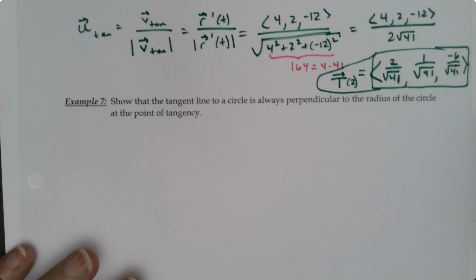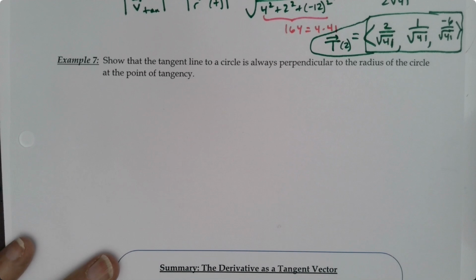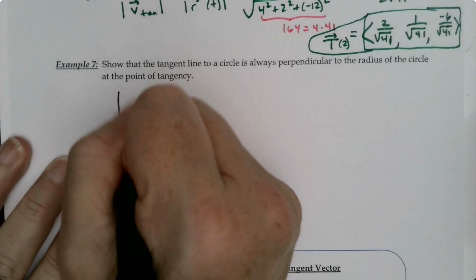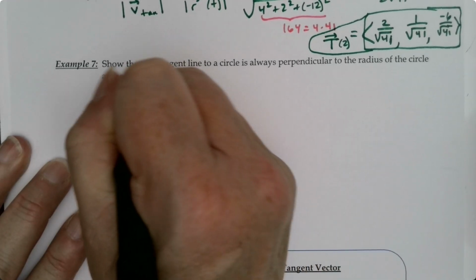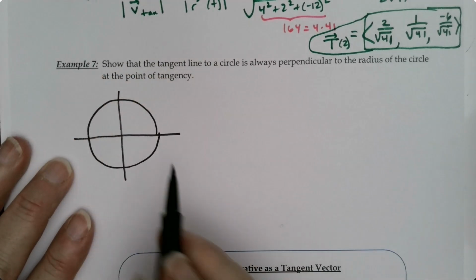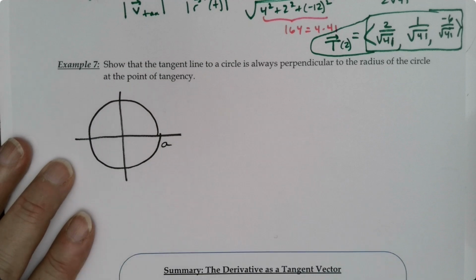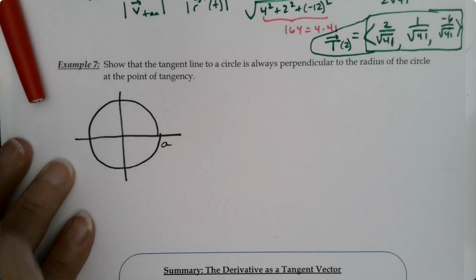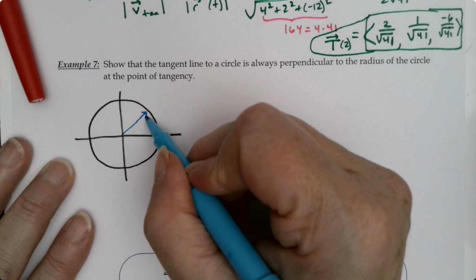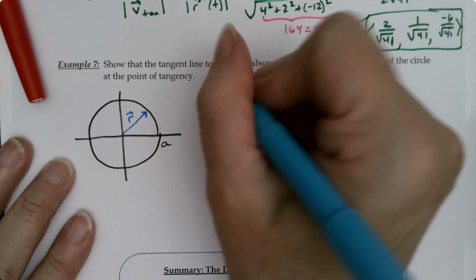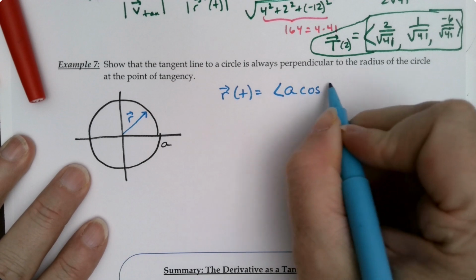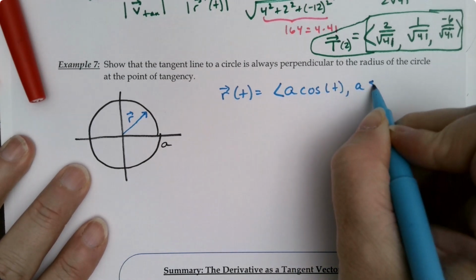All right, so let's show that the tangent line to a circle is always perpendicular to the radius of the circle at the point of tangency. That sounds complicated, but it's not too bad. Let's suppose we have a circle of radius a, just for fun. That circle is carved out by a vector valued function: a cosine t, a sine t.